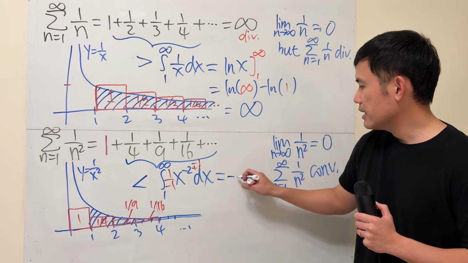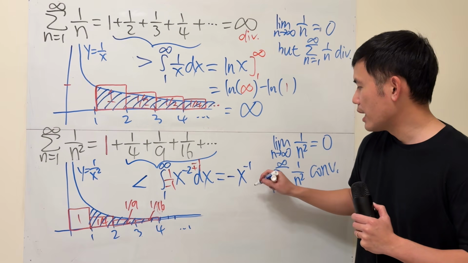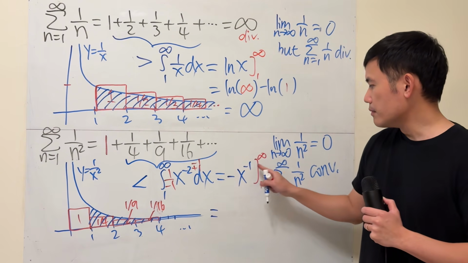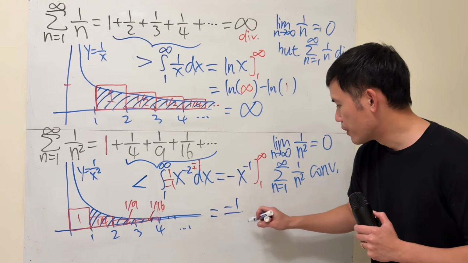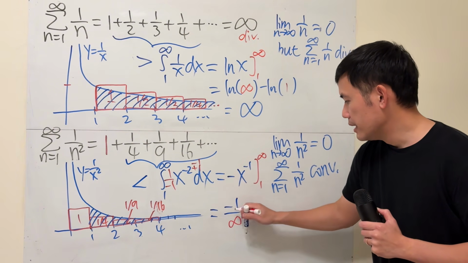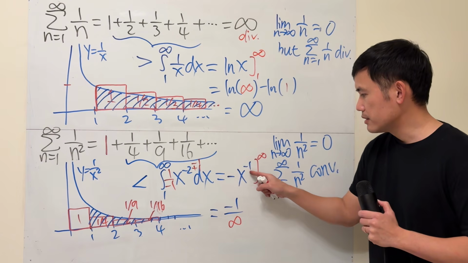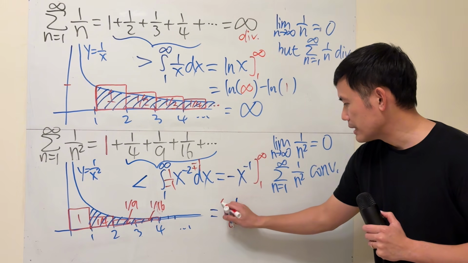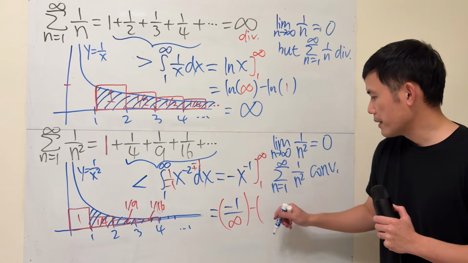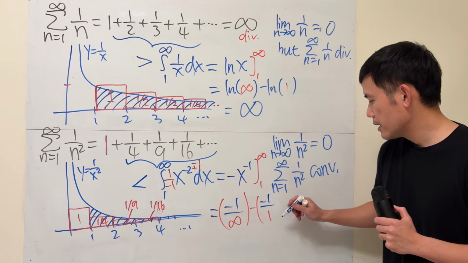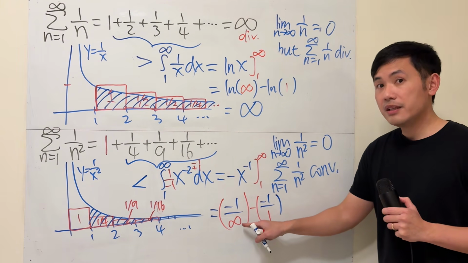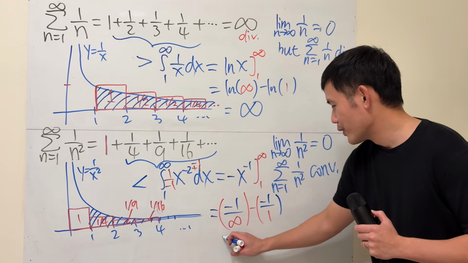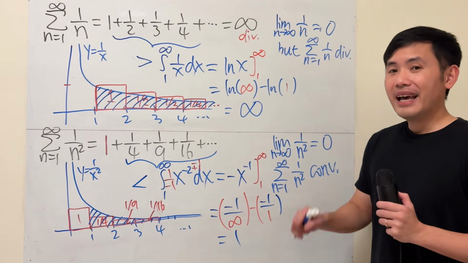So we get negative x to the negative 1, and we go from 1 to infinity. So this right here, plugging in infinity, is negative 1 over infinity. This is the same as 1 over x, plugging in infinity. And then we have to subtract, plugging in 1. Negative 1 over infinity is 0. And what's this? Negative 1. So it's 1.